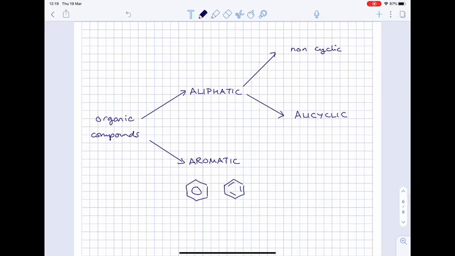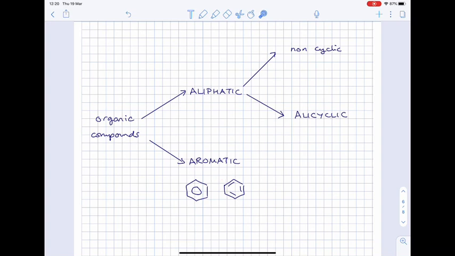As a reminder, especially for second years, organic compounds can be grouped into two main types, aromatic and aliphatic. Aromatic just means that there is a benzene ring. The first years won't know what a benzene ring is, but the second years will. A benzene ring is basically 6 carbons and 6 hydrogens. It can be written in this format or this format.